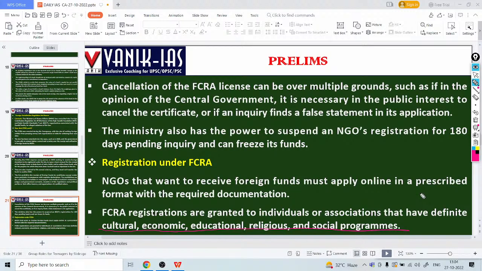If they are engaged in such activity, they can receive the funds under the Foreign Contribution Regulation Act. Okay, they are mandated to receive it if they are engaged in such activities.